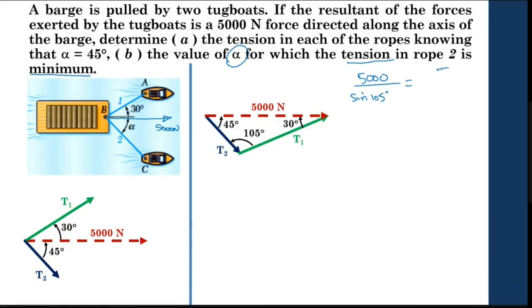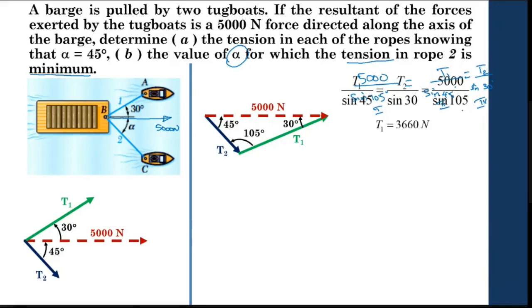So T1 divided by sine 45 is equal to T2 divided by sine 30, right? I can relate 1 and 2 and I can relate 1 and 3, right? When I do that, I'll get the value of T1 and the value of T2, right? Okay.